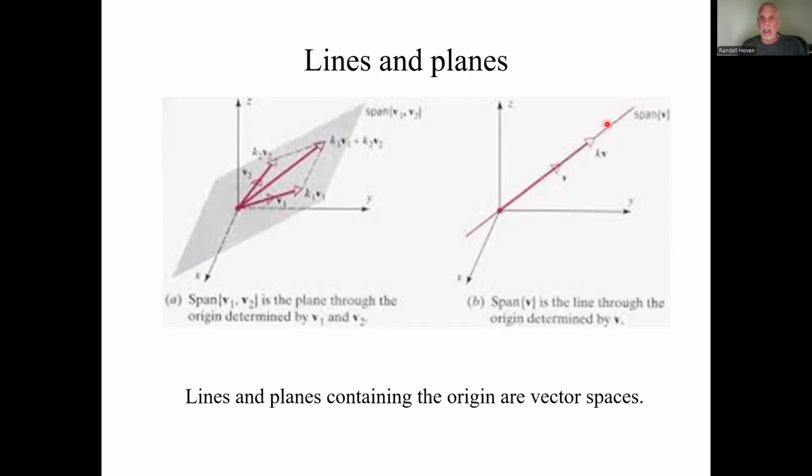Or if you multiply any vector on that line by a scalar, it's going to be on that line. Anyway, lines and planes containing the origin are vector spaces. You can't really truncate it. I want to say these things have to go on forever. Well, let me talk about it on the next chart.